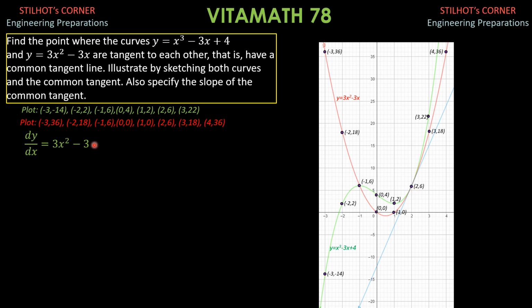So 3 times 2 squared, then minus 3, so it is 9. And for the red curve, y prime, dy/dx, is 6x minus 3. And when x is 2, 6 times 2 minus 3 is 12 minus 3, so the slope is also 9.